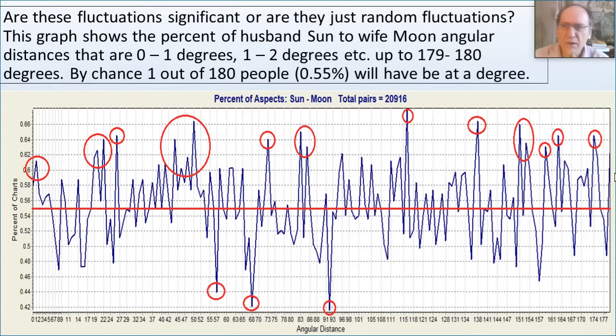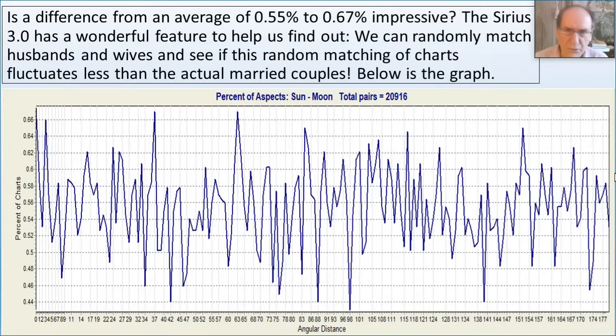And there's a wonderful feature in the Sirius software to tell us whether these fluctuations are important or not. I added this feature that you can tell the software, you just go into the menu items and you tell it to randomly match the husbands and wives.